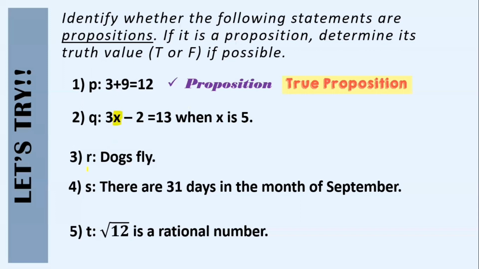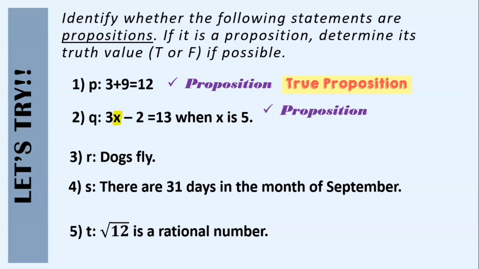So 3 times 5 yan. So we have 15. 15 minus 2 is equals to 13. So this is a proposition because may value naman tayo ng x na nakaprovide. Therefore, we can classify if equal to 13 ba yung 3x minus 2. Therefore, it's a true proposition. But pag wala yung x is equals to 5, so hindi natin ma-identify kung true ba siya or false. So therefore, it's not a proposition kung walang value yung x natin.